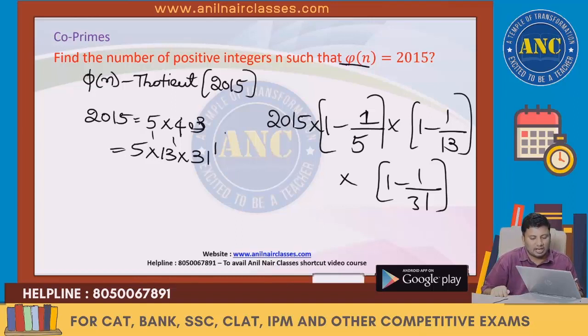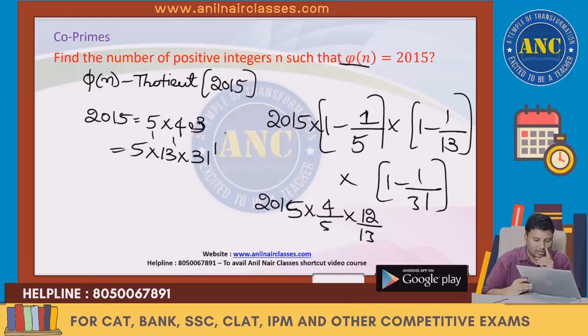So this is 2015 into 4 by 5 into 12 by 13 into 30 by 31, which is 1440.